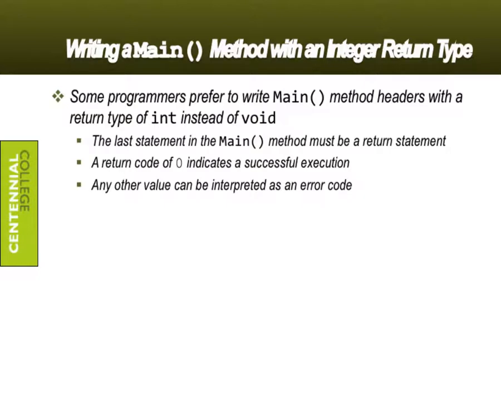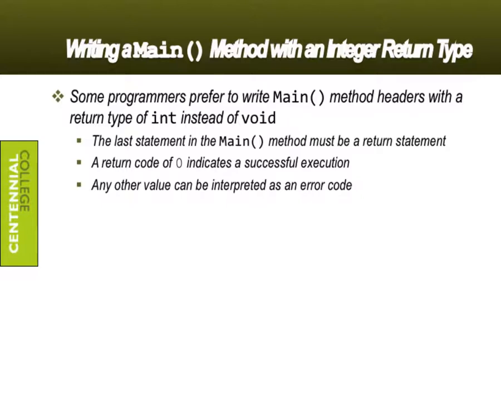Some people, it says, want to write a main with a return type of integer instead of void, right? Well, this is interesting because the last statement in my main has to be a return code. So usually I can say if it's a return code of 0, that means we got good execution.